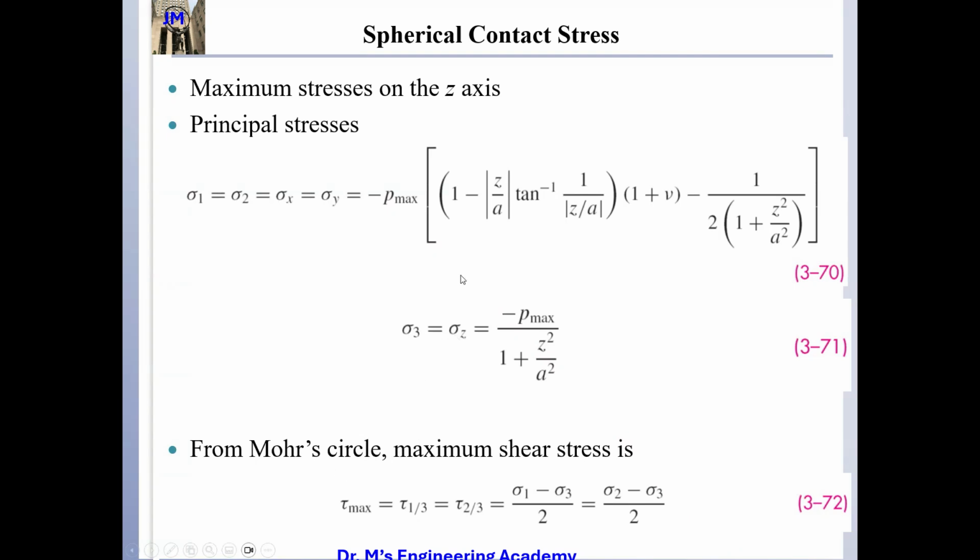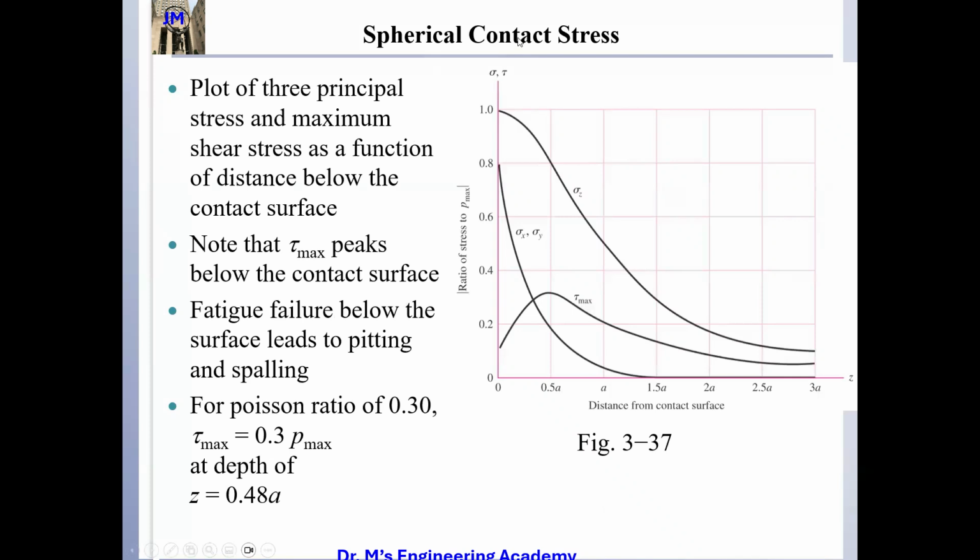If you are interested, you can use a Mohr circle to represent sigma 1, sigma 2, and sigma 3. I will not test your understanding, but I want to show you that, and we have a slide here that can help. It shows distance from the contact surface and how sigma x, y, z, and tau maximum change.